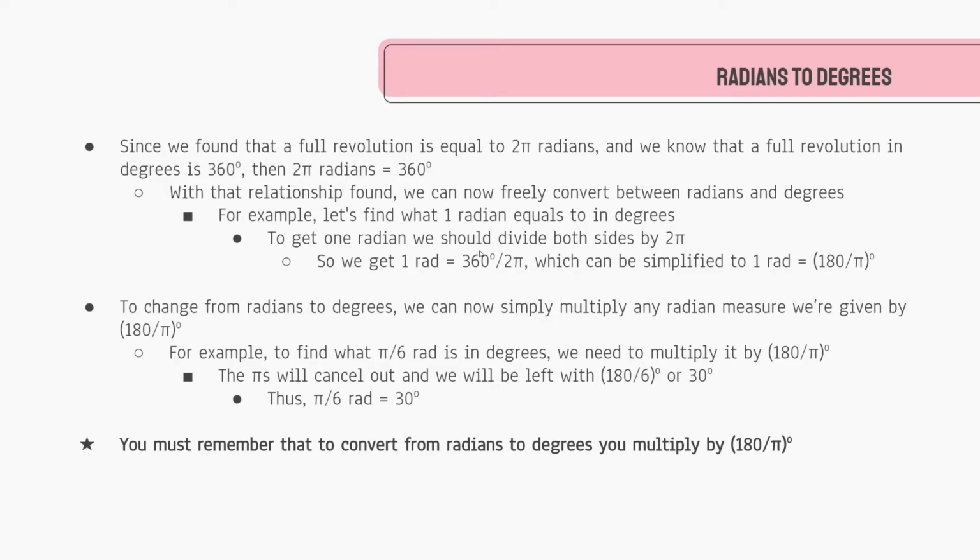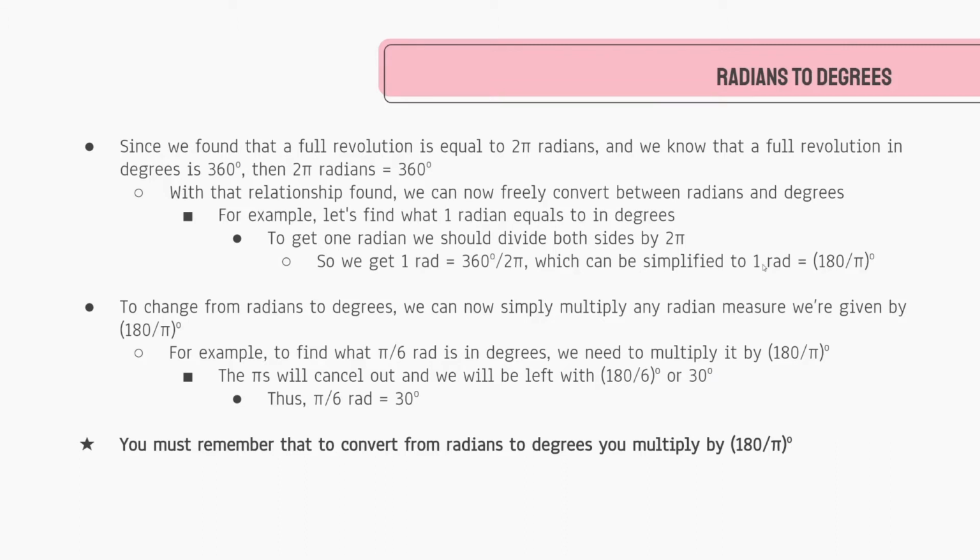That expression could be simplified further into 1 radian is equal to 180 divided by pi degrees. From here, we essentially found our key to converting between radians and degrees, because now, whenever we see something in radians, we know that we could simply multiply it by 180 over pi degrees to find what it is actually in degrees.